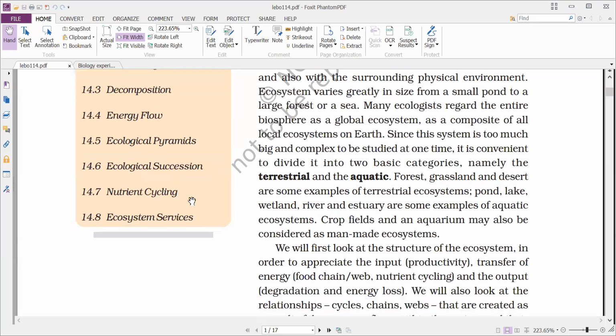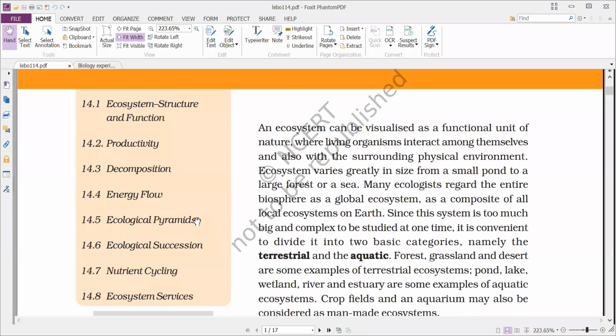And next, nutrient cycling, that is, we say biogeochemical cycles. One sedimentary cycle and one gaseous cycle we'll discuss, that is the carbon cycle and the phosphorus cycle. And next, ecosystem services, that is services of the ecosystem, meaning what are the benefits that we are getting from the ecosystem.